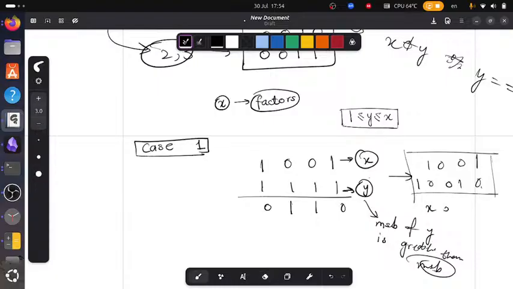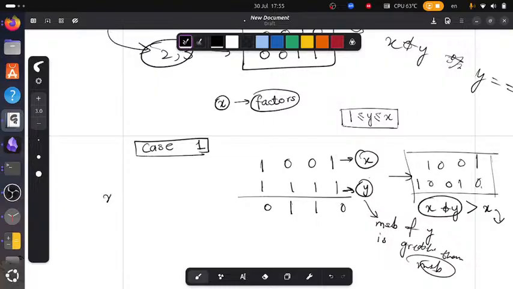Why? Because x XOR y is going to make a number bigger than x. So it's not going to be divisible, right? It's not going to be divisible.